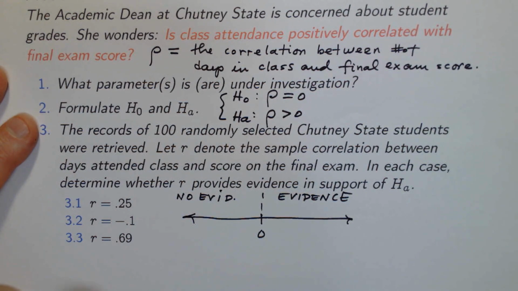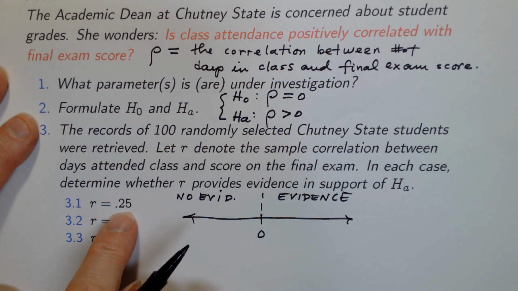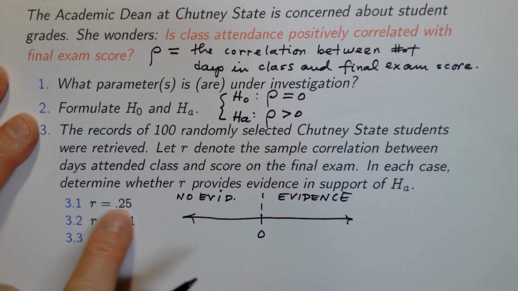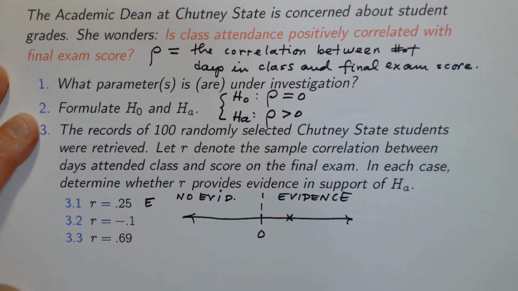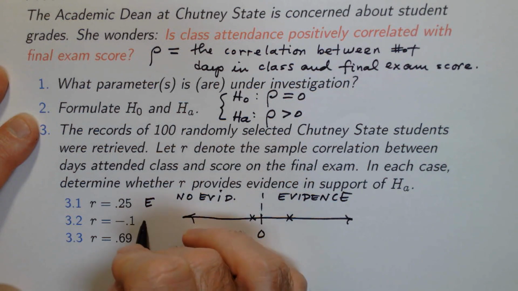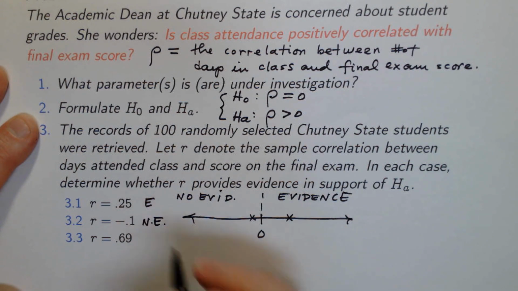Okay? So let's take a look at this first one. If we looked at the sample of size 100 and we found a sample correlation of 0.25, that would land us on this side, and so we would say, yes, that provides us with evidence of a positive correlation. If, on the other hand, we saw that R was equal to negative 0.1, that would not provide us with evidence of a positive correlation. So we would say there's no evidence of a positive correlation.